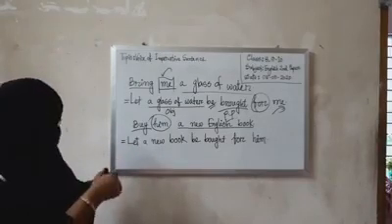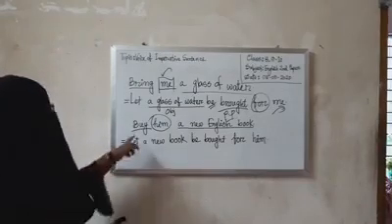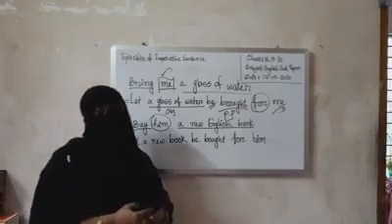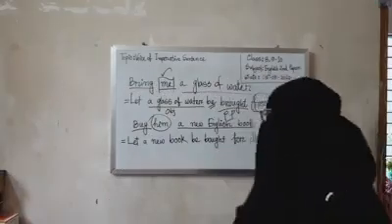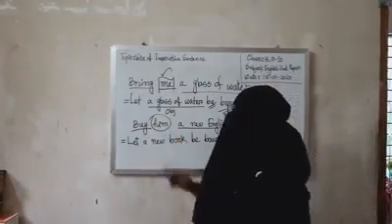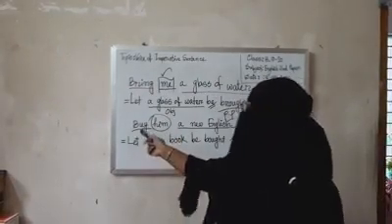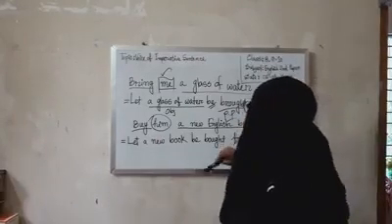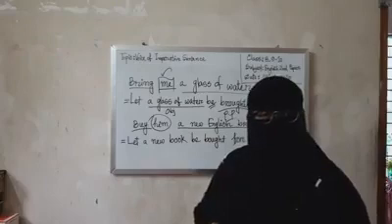Here, what did we find? Here we find that whenever we find any personal object just after the main verb of the imperative sentence, then we have to change the sentence in a different way.